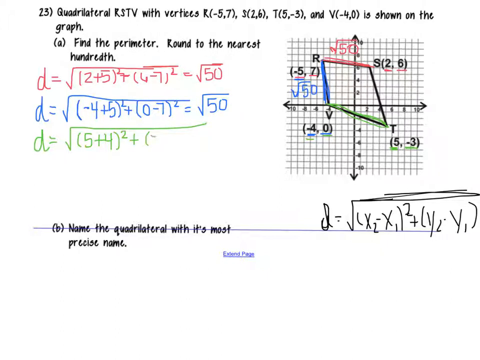So negative 3 minus 0 squared. I'm going to put that in my calculator, and I get the square root of 90. And again, I'm going to leave it as a radical for right now.